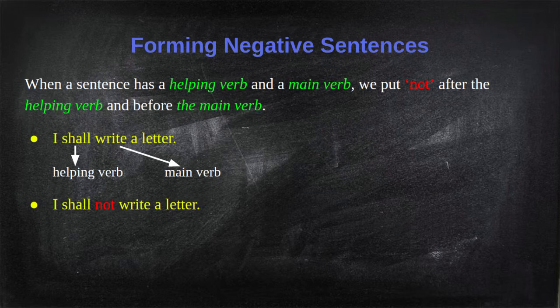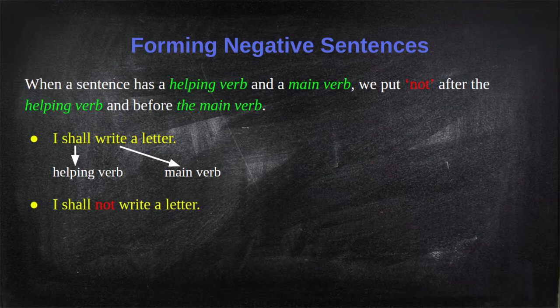To make a negative sentence, when a sentence has a helping verb and a main verb, then we write not, N-O-T, after the helping verb. One example I have given here: I shall write a letter.